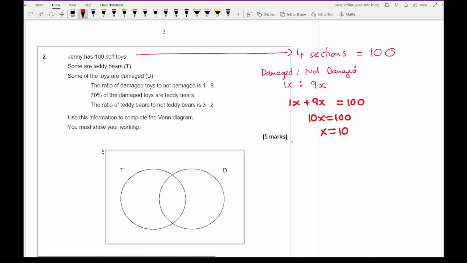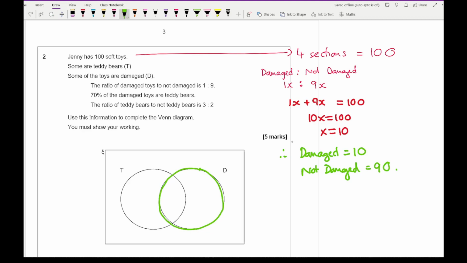So how many damaged toys are there? Well, the damaged toys is therefore going to equal 1x, which is 10, and the not damaged is going to equal 90. So from this, I know that this green circle is basically going to be 10.